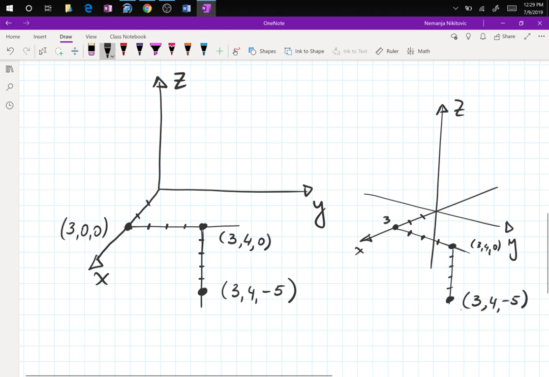So getting these values is not terribly difficult. You just have to be careful which axis you are on, and every time you are counting, you have to be parallel to the original axis.